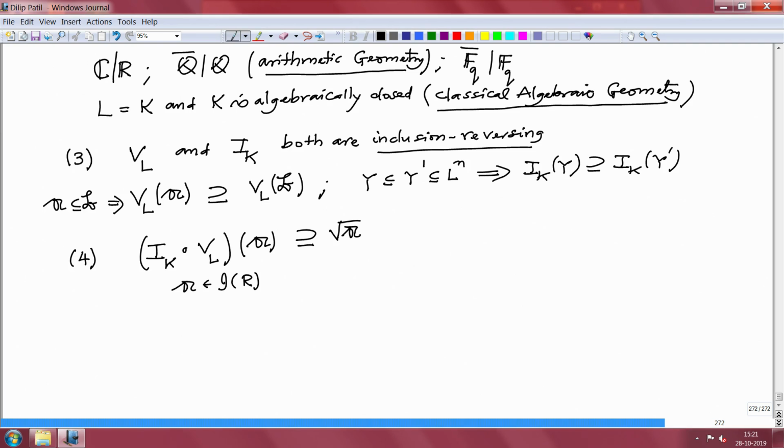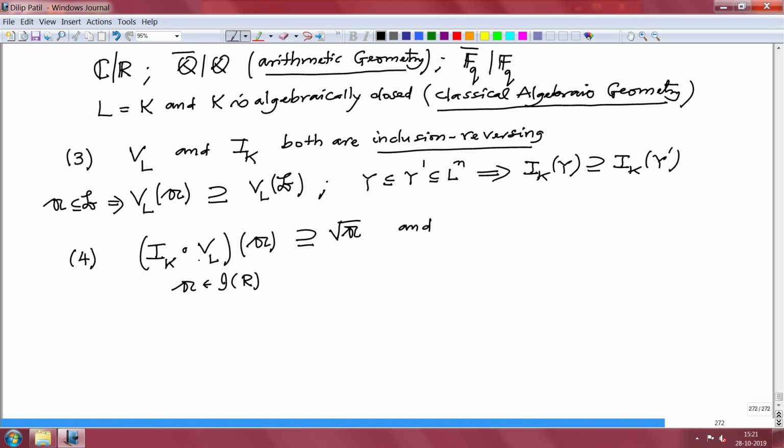So this is only one inclusion, and we are hoping that if I take a radical ideal, then it should be equality here. That is our hope, but we will have to keep some assumptions on L and K.